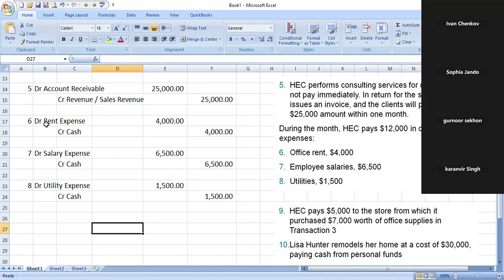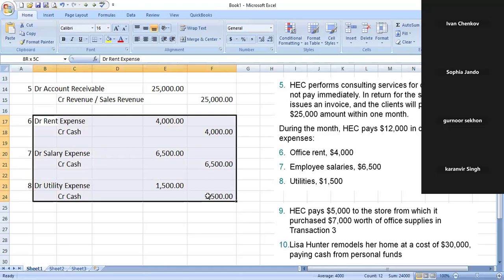So the question is, we credit cash. What I want you to understand is, in all those transactions, do we have something similar or something identical? Let's not say similar, identical. Similarity is that everything is expense, but the identical is credit cash. So for that reason, you can go one step further and do what is called in accounting a combined entry.